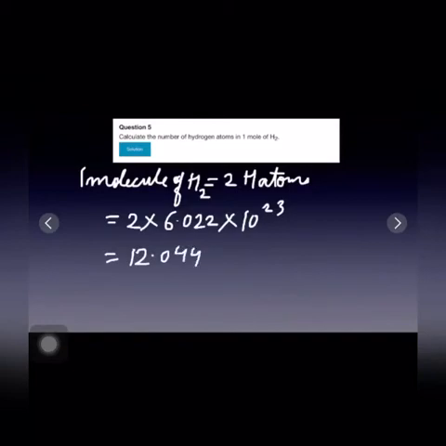So which will be equal to 2 into Avogadro number, 6.022 into 10 raised to the power 23, which is equal to 12.044 into 10 raised to the power 23 hydrogen atoms. So this is the answer.